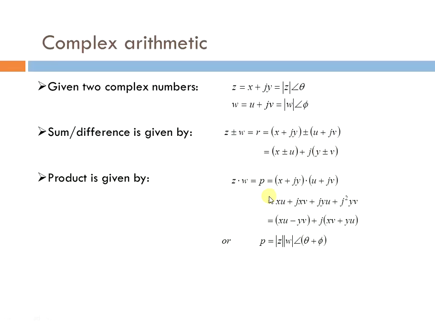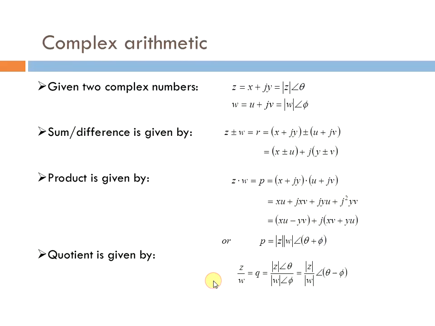To determine the product of z and w, we can either do it in the rectangular form or in the polar form. In this case, the polar form tends to be more convenient, since it simply requires multiplying the amplitudes and adding the phases of the respective numbers in the polar form.